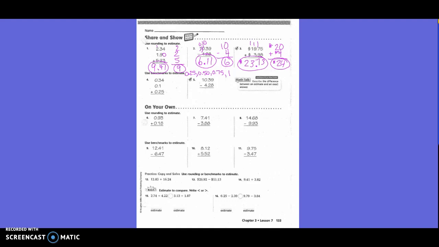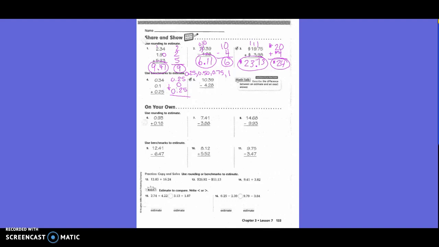So 34 hundredths, would it be closer to 25 hundredths or 50 hundredths? 25 hundredths. 1/10, would it be closer to 0 or 25 hundredths? 0. And then 25 hundredths would be close to 25 hundredths.